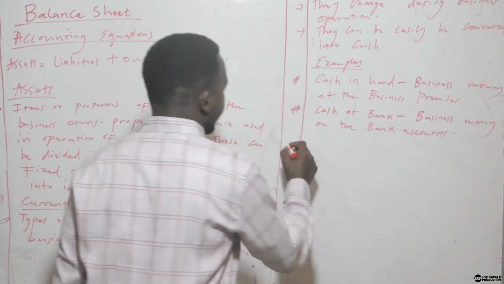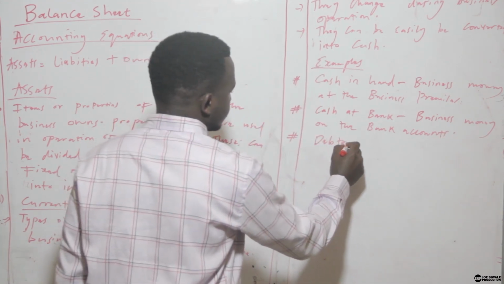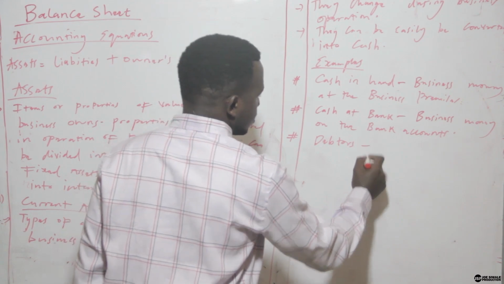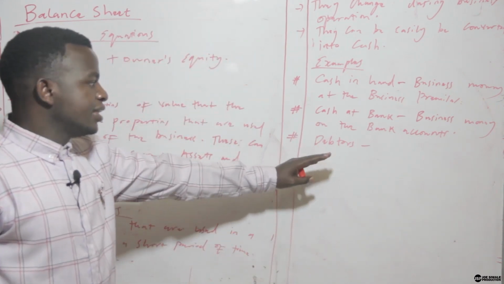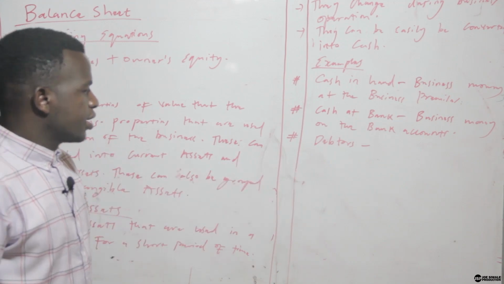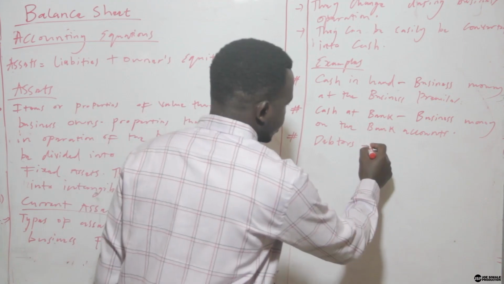Then we also have debtors. So this is the amount of money that the credit customers owe us.